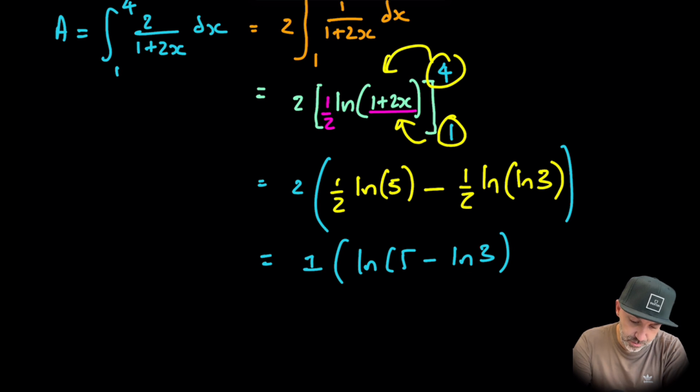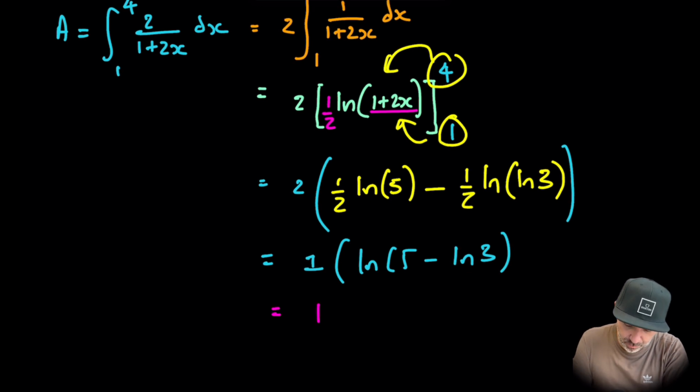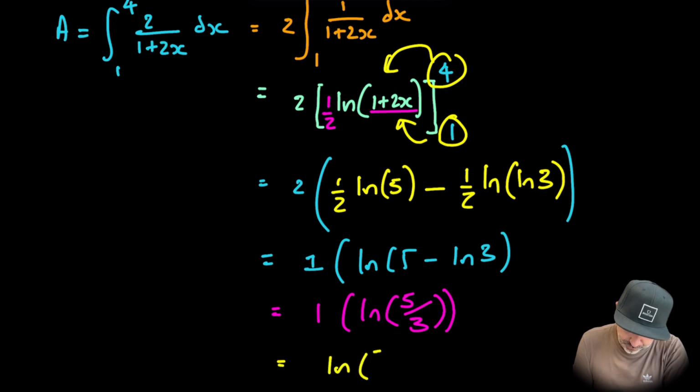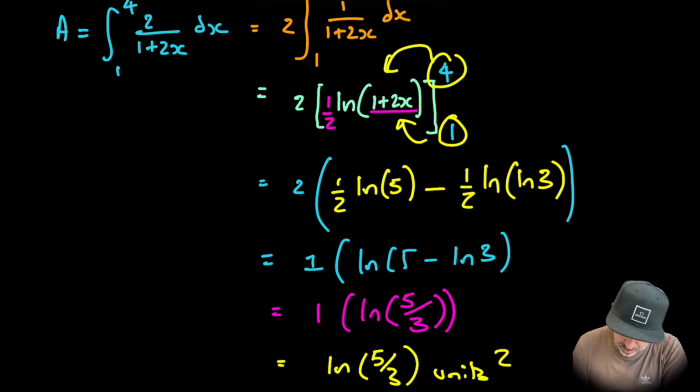And we can use laws of logs there to divide. So we'll get 1 over natural log 5 divided by 3, close brackets, and obviously we don't need the 1, so that will all break down into just natural log 5 over 3 units squared.